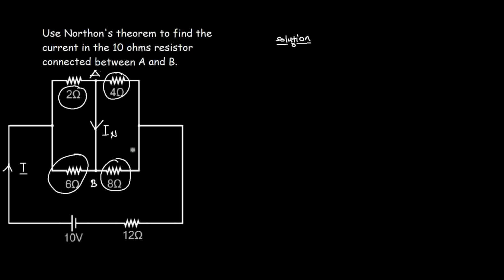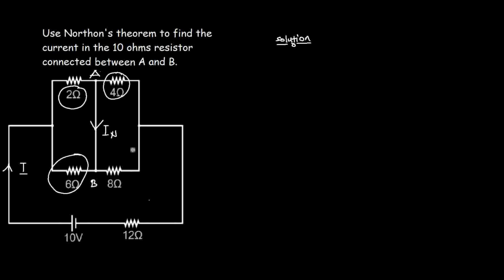At the end, these 2 parallel combinations will be in series with the 12 ohms. So 2 and 6 in parallel give an equivalent resistance, the 4 and 8 in parallel give an equivalent resistance, and these 2 equivalent resistances will be in series with the 12 ohms.